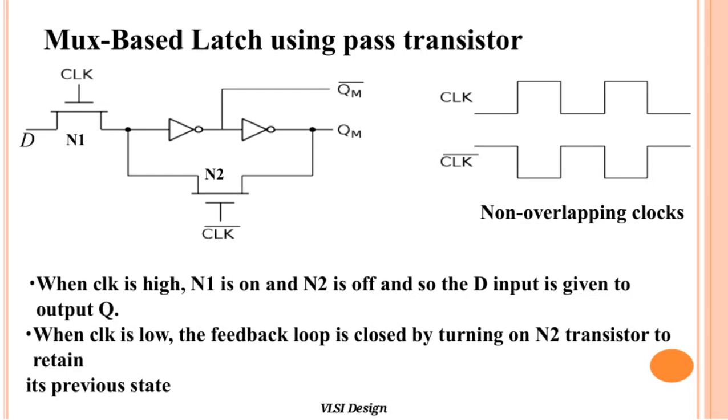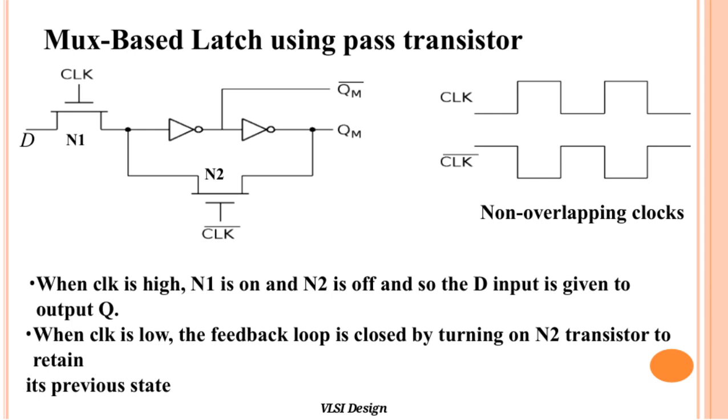Here, we're looking at a mux-based latch that uses pass transistors, a common approach in VLSI design. The operation relies on non-overlapping clocks to control the state of the latch. When the clock signal is high, transistor N1 turns on, allowing the input D to pass through directly to the output Q. This means the latch captures the input value during this phase.